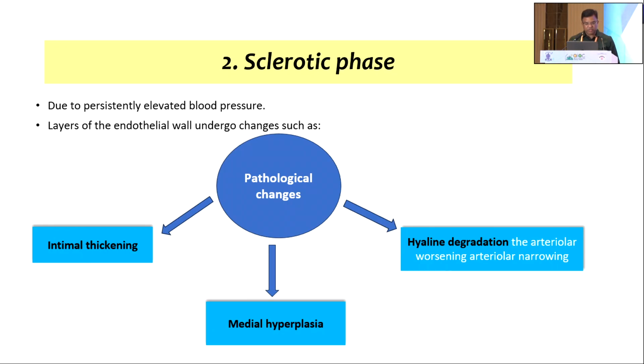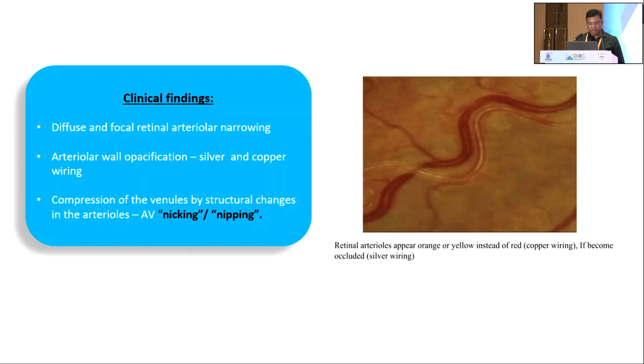In the sclerotic phase, due to persistently elevated blood pressure, the layers of the endothelial wall undergo changes such as intimal thickening, medial hyperplasia, and hyaline degeneration that lead to worsening of the arterial narrowing. The clinical findings include diffuse and focal retinal arterial narrowing, arterial wall opacification, which leads to silver and copper wiring, and compression of the venules by structural changes in the arteriole, which is also known as AV nicking or nipping.